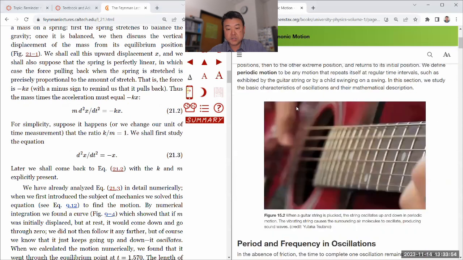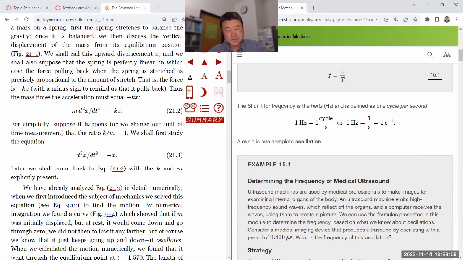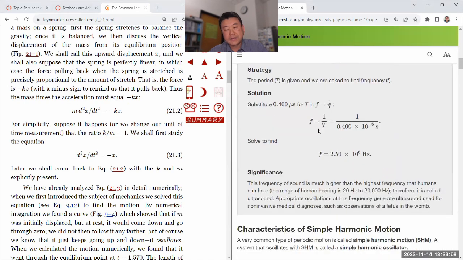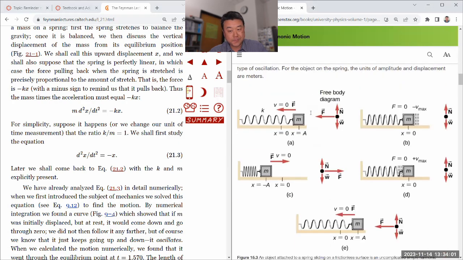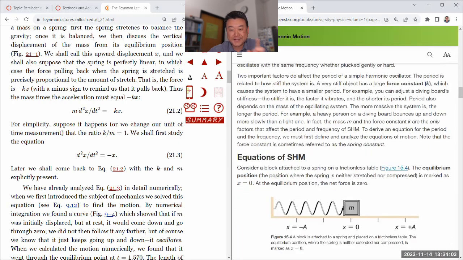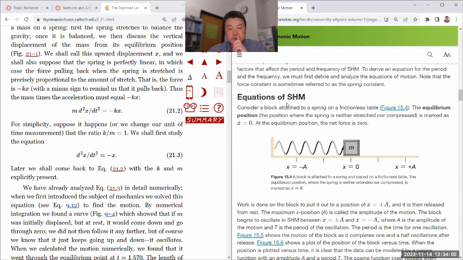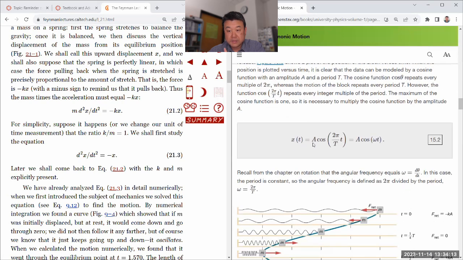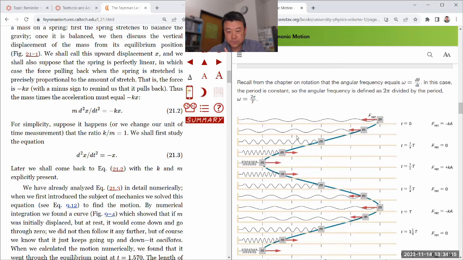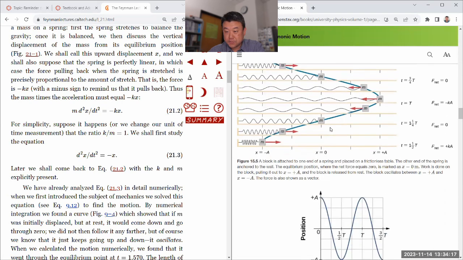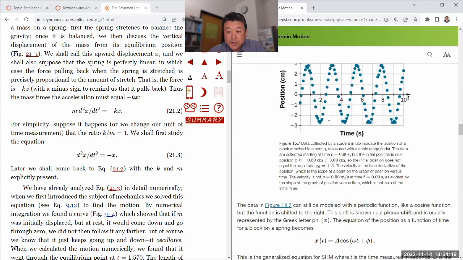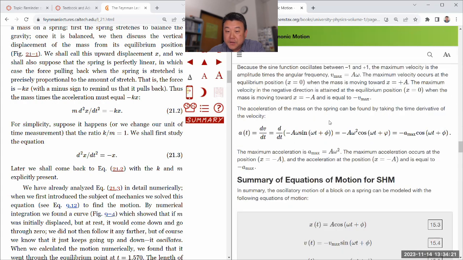If you look at our textbook, we'll start with some qualitative description. We'll skip all that, which Feynman has skipped. And then the textbook, once it's talking about equations of simple harmonic motion, will talk about this displacement. Okay, that's the solution, which Feynman will build up to. Your textbook just throws it at you. Where's the equation of motion?